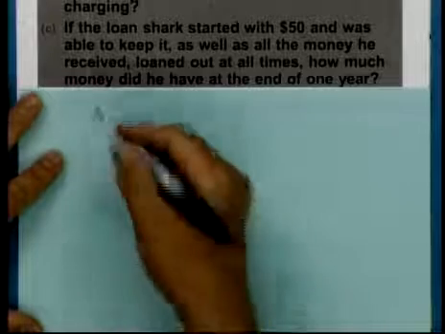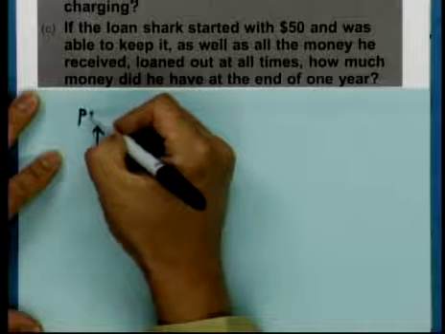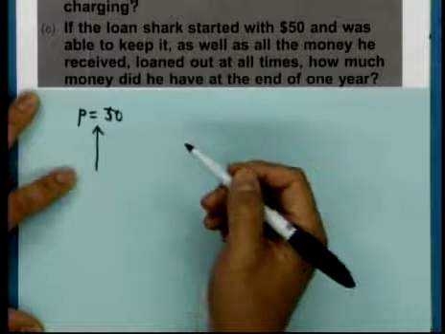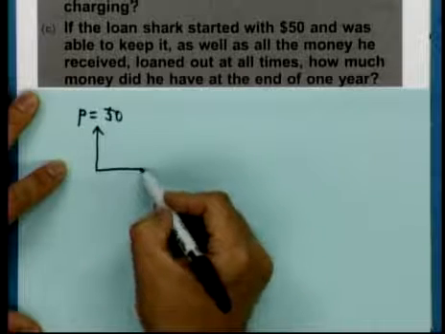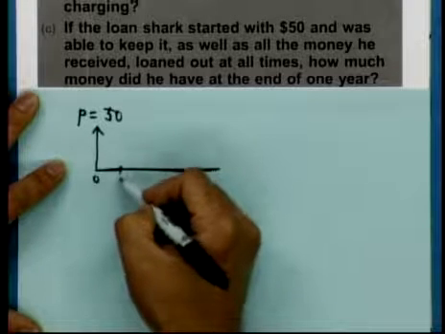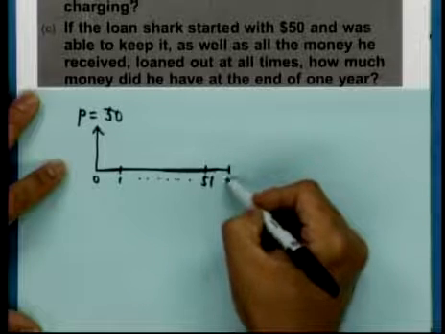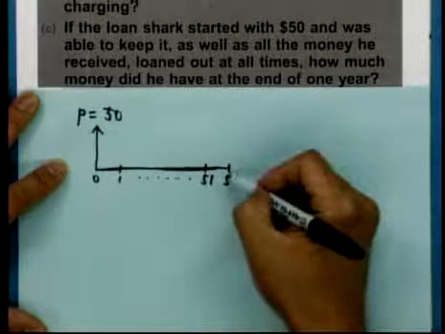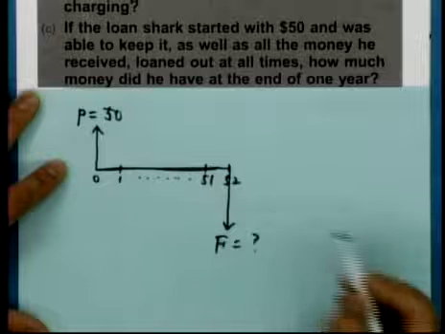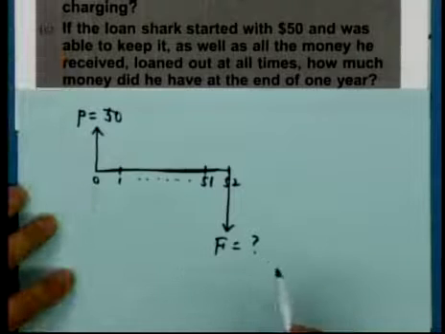So if you drew the cash flow diagram, so $50 right now, you borrow $50, right? And then at the end of 51, and let's say 52 down here. At the end of 52, how much money did he have at the end of 52 weeks?